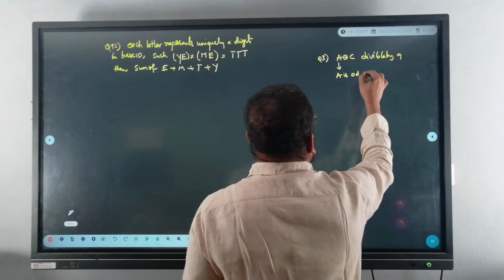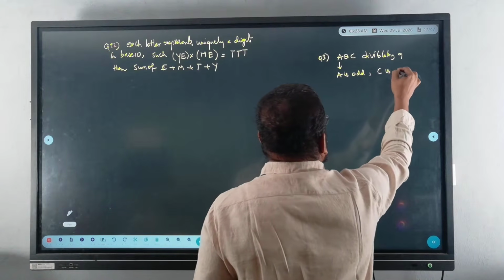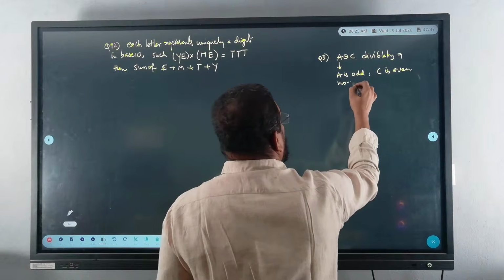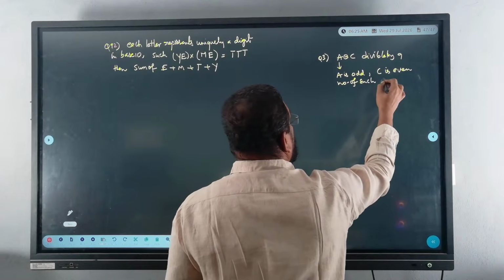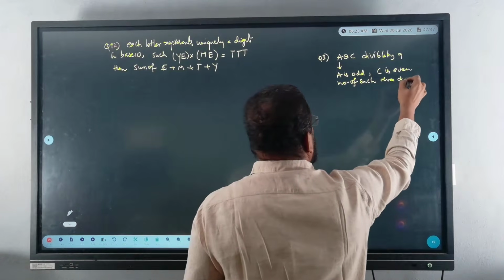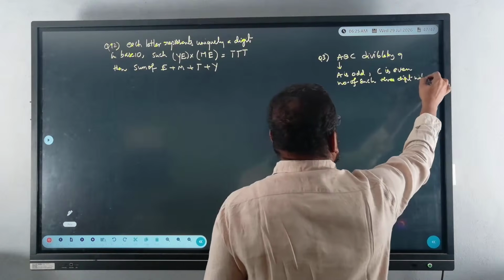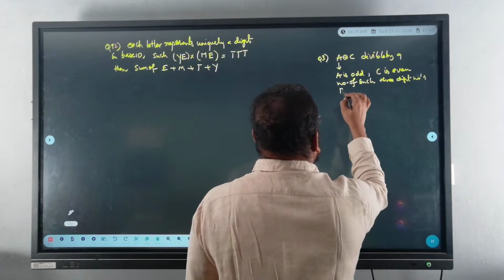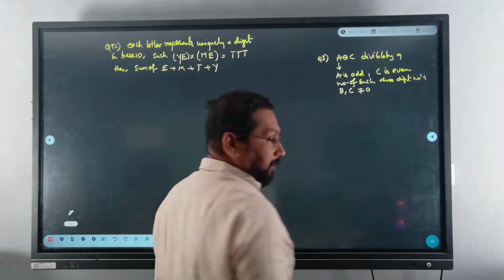A is odd, C is even, and also given B, C not equal to 0.